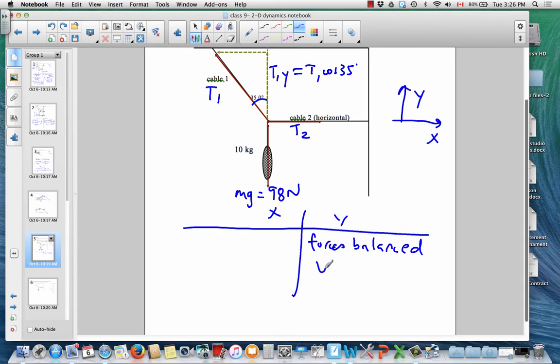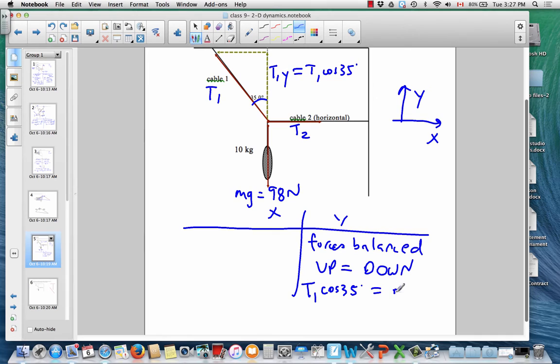So we'll go back and just use the simpler up equals down formulation, instead of summing the forces y. Now we see that on this mass, the only force up comes from this cable. It's a component from this cable. Abstractly, whatever T1 is, you're going to take cos 35 to find this upwards component. So algebraically, without a number, because we don't know T1, we have to say the upwards component's T1 cos 35.